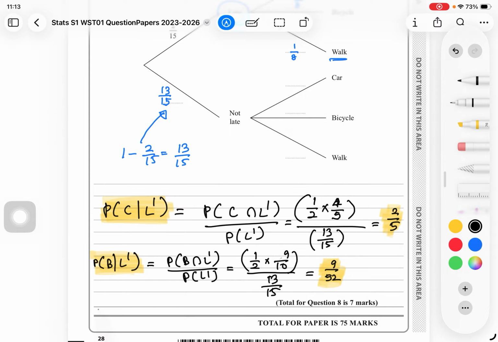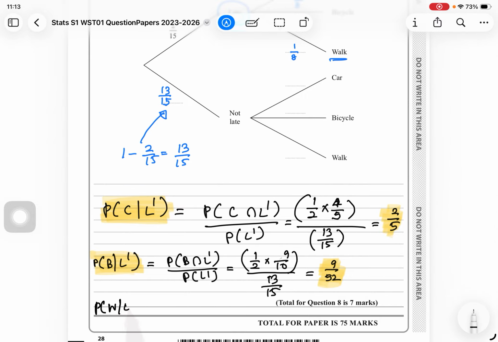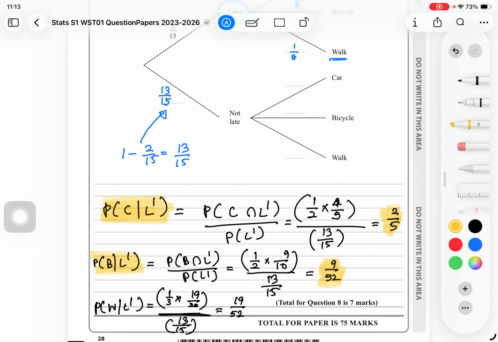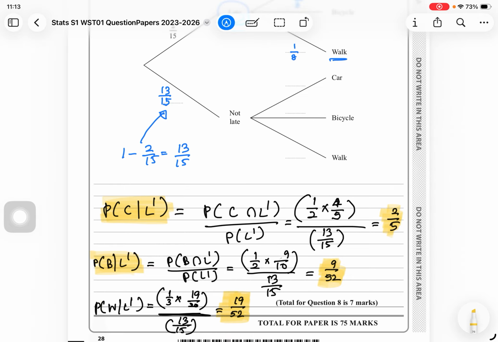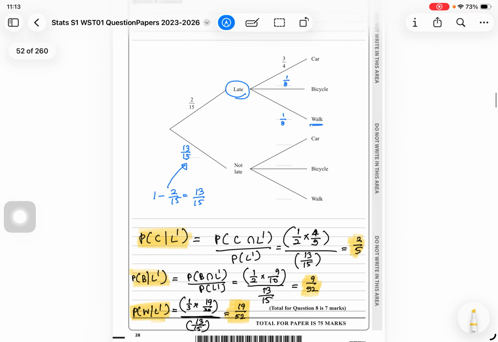Now if we go to the probability of walking, given that it's not late, how do you get it? I'll write it in one go: 1/3 times 19/20, you divide it by 13/15. So you would get 19/52. So you've got three things according to here.